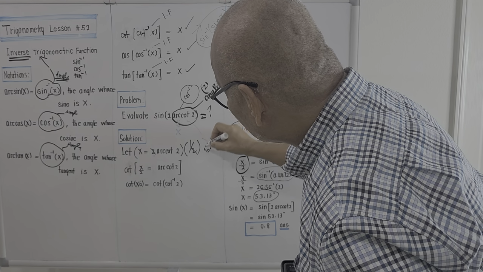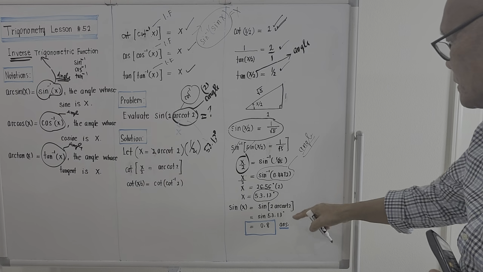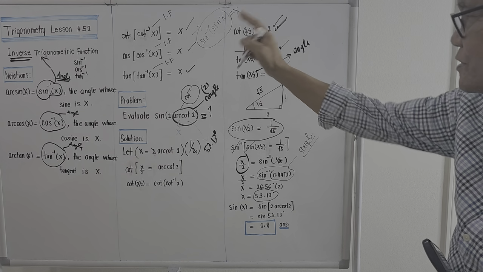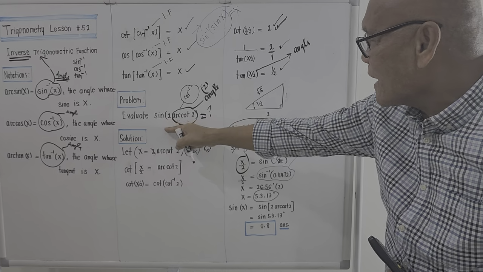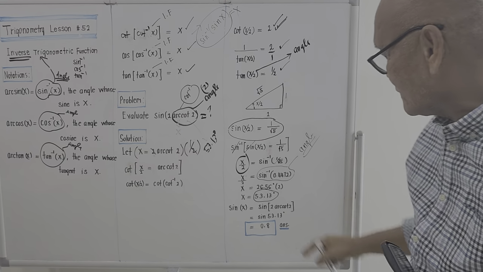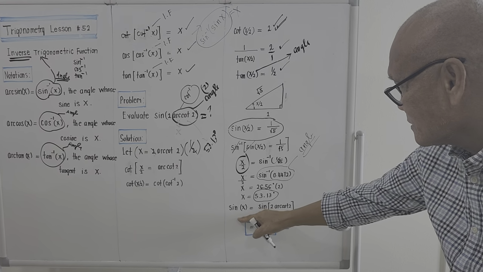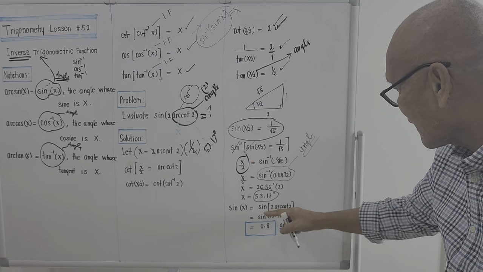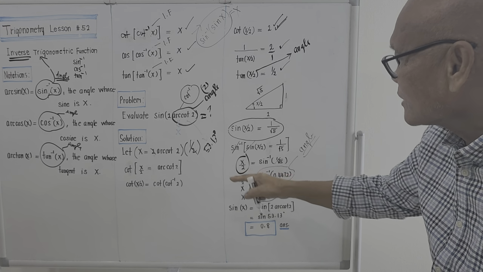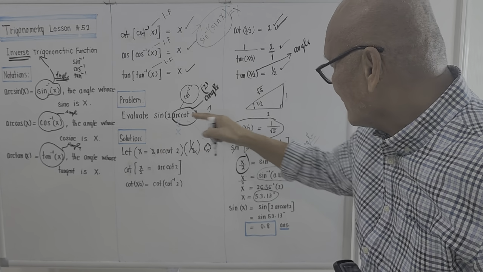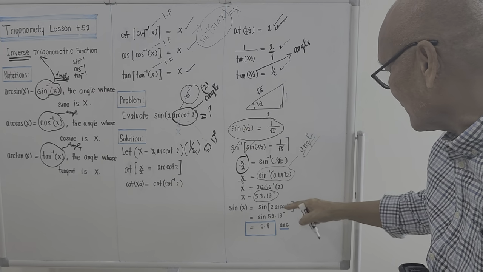We computed it is 53.13 degrees, and the problem is just asking what will be the sine of 53.13 degrees. So sine of x, but x is actually twice this, the given problem. We just represent it as simply x.